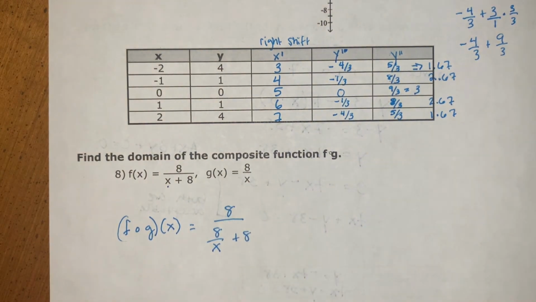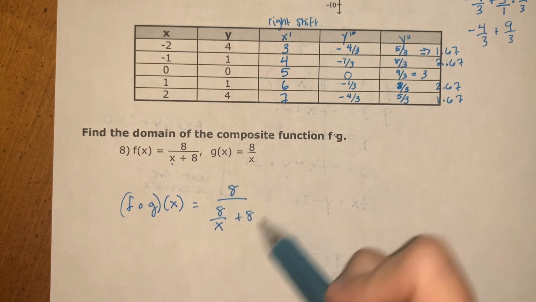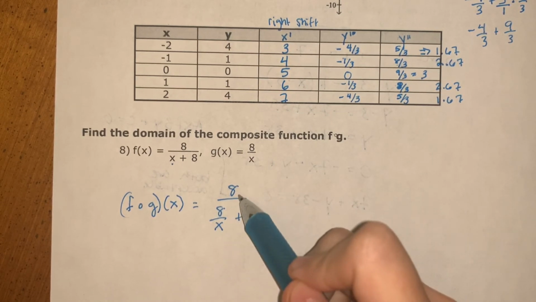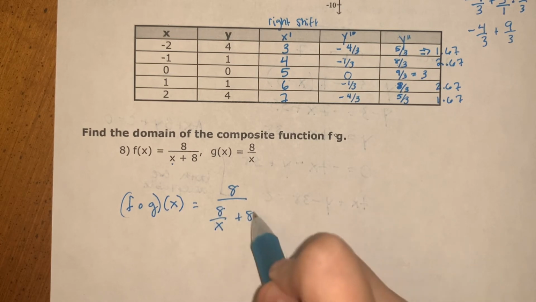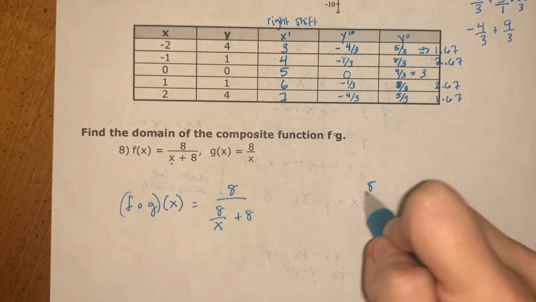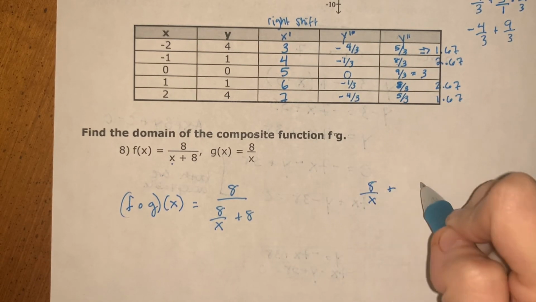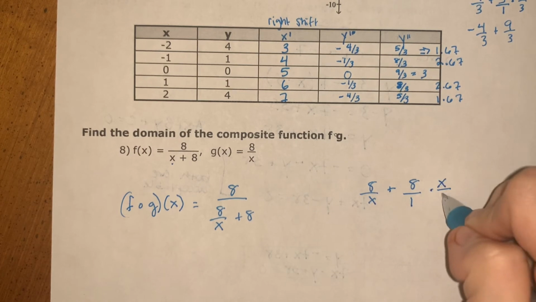I want to clean this up because that looks nasty. I want to make it like a nicer looking fraction, not a fraction within a fraction. So let's try to reduce this denominator here. If I'm adding 8 over x plus 8, this is technically adding 8 over 1. Our common denominator here is x.